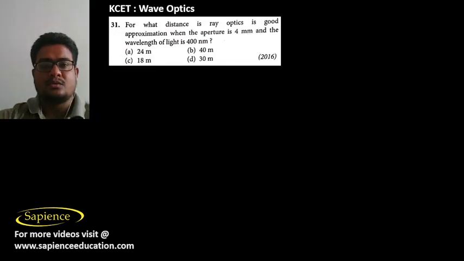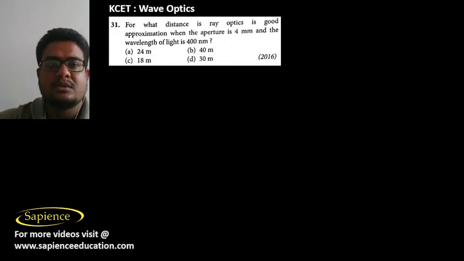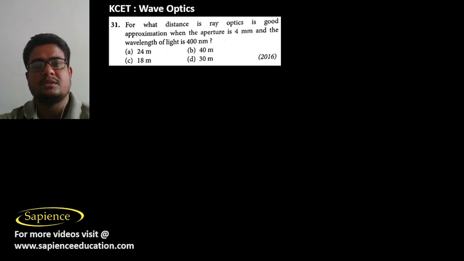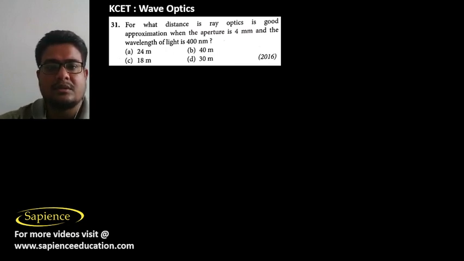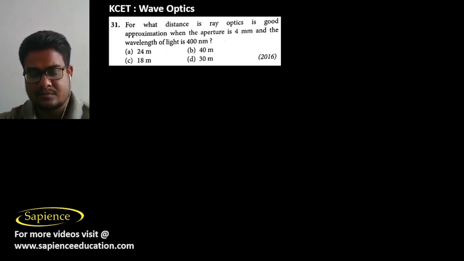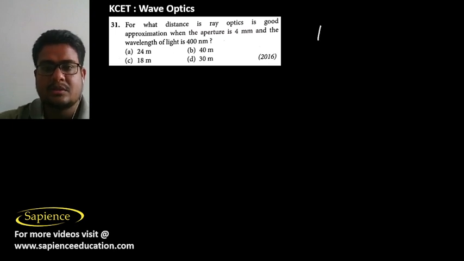And then in question number 31, it is told for what distance ray optics is a good approximation when the aperture is 4 millimeter and the wavelength of light is 400 nanometer. So there is something called the Fresnel distance.